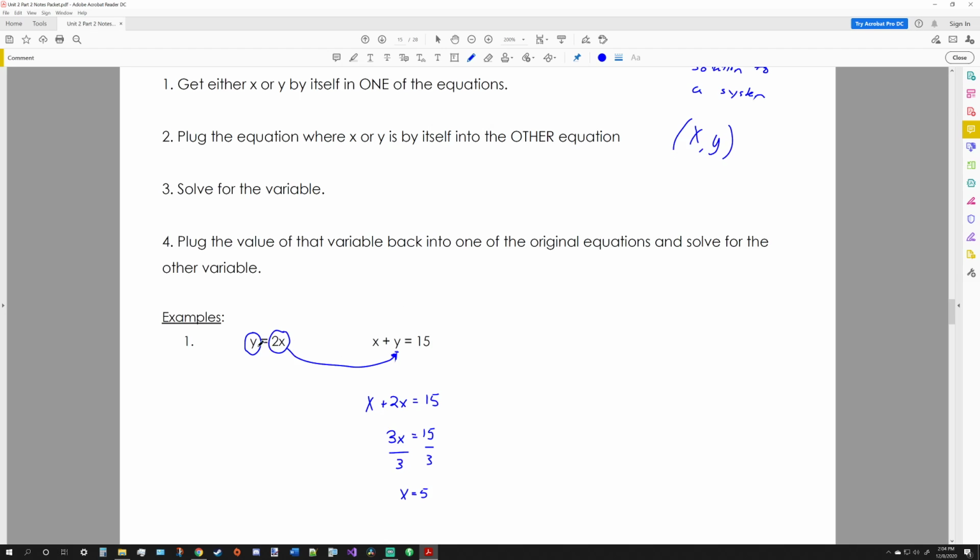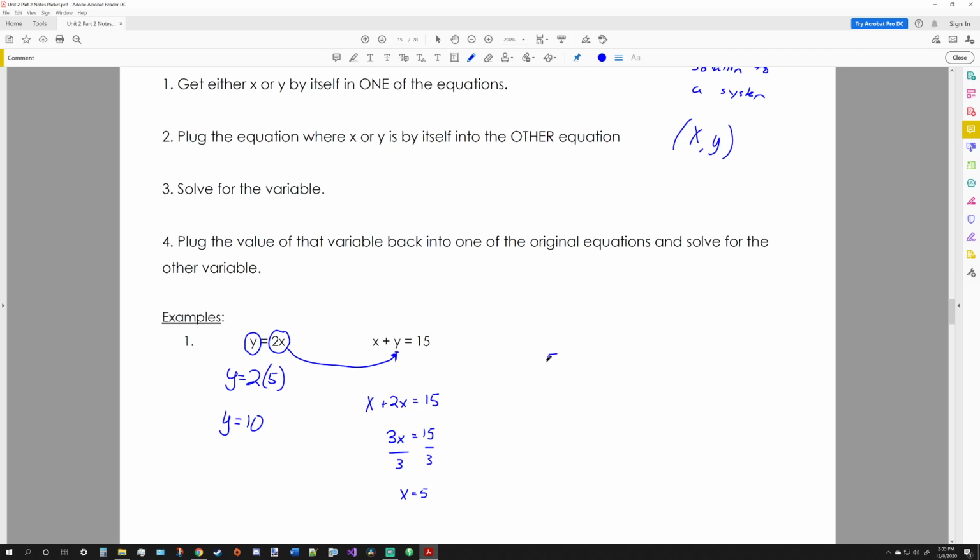So I'm going to go back over to this equation where y is by itself already, and I'm just going to plug 5 in for x because I figured out that x is equal to 5. So y is equal to 2 times 5, or y equals 10. Last step is make sure you take these two values and write them as a proper coordinate, so x comma y.